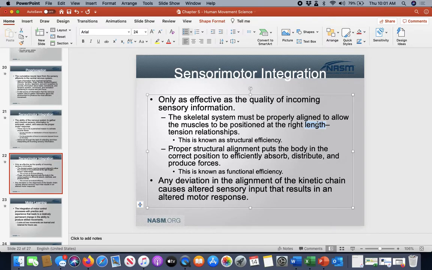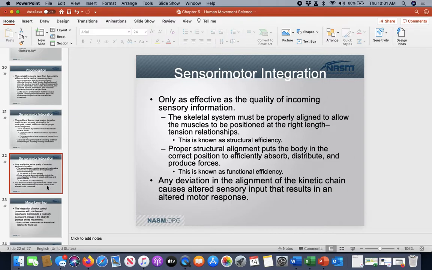And what they call it, any deviation in the alignment of the kinetic chain causes altered sensory input, and then you have altered motor response, meaning that you detect it like you're supposed to, but it's altered because you're calling on things that aren't supposed to be called upon to then move in a suboptimal way. Okay, and we need to understand that that's a problem, and we have to be able to correct that sooner rather than later.